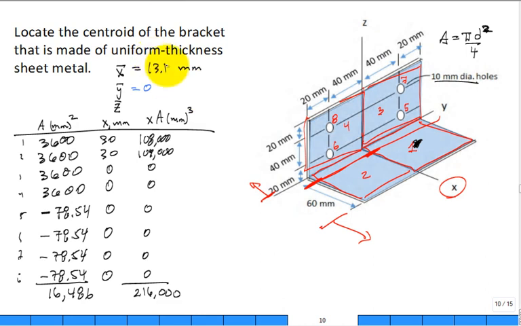How do we calculate z bar? Well, you make an additional column z times a. Whoops, I got to get z first. What is z for area 1? What is the centroidal location z? It's 0, right. How about for 2? 0. How about for 3? Well, you're going up how much? The total is 20 plus 40 plus 20. That's 80 up. So halfway up is where the centroid is.